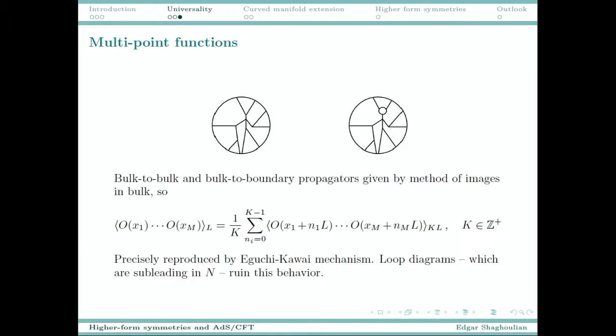This is still made up of bulk-to-bulk and bulk-to-boundary propagators. So at the level of the integrand, before you do the loop integrals, it has some nice volume-independent properties, but it doesn't really translate into the final integral. Sorry, this is not leading order in N.